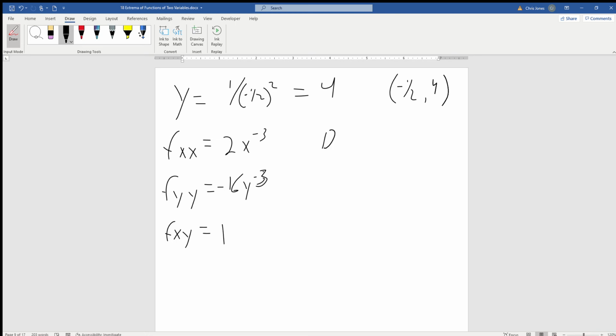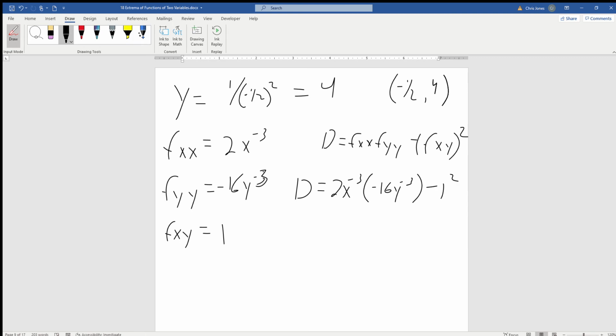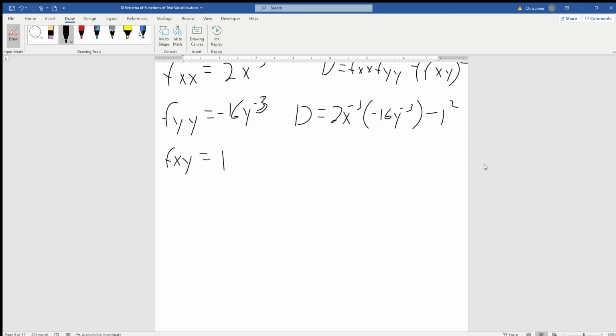Remember that D is f sub xx times f sub yy, minus f sub xy squared. And so D in this case can be written in one of two ways. 2x to the minus 3 times negative 16y to the minus 3, minus 1 squared. Or, a little bit easier, negative 32 over x cubed y cubed, minus 1.